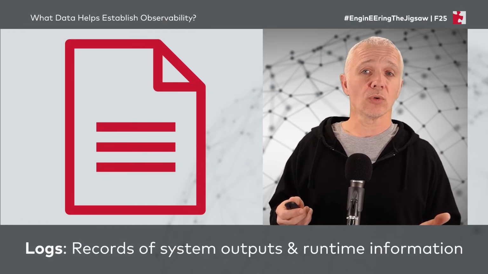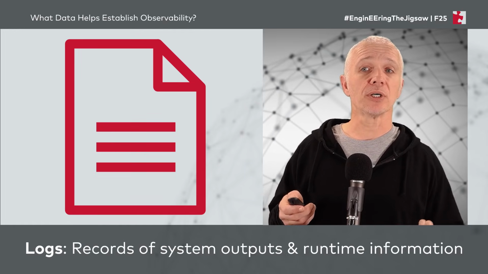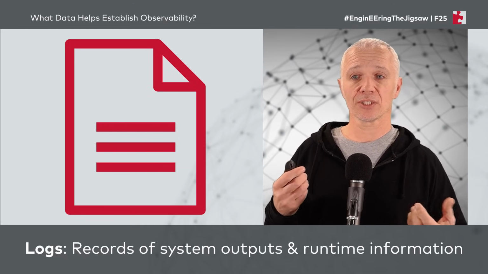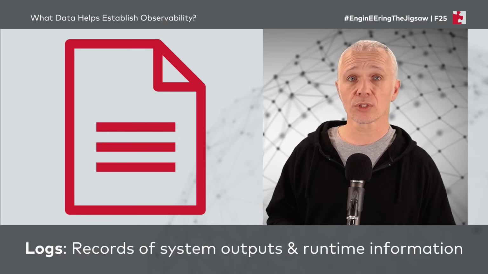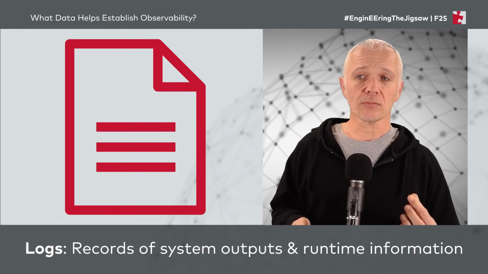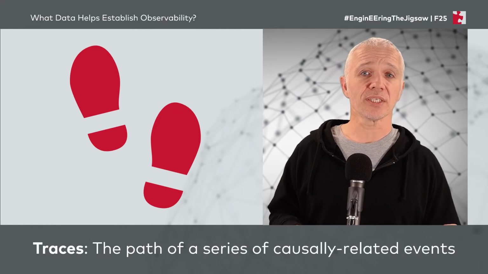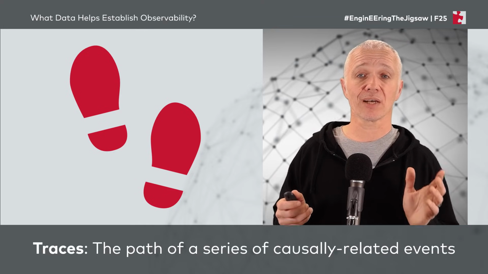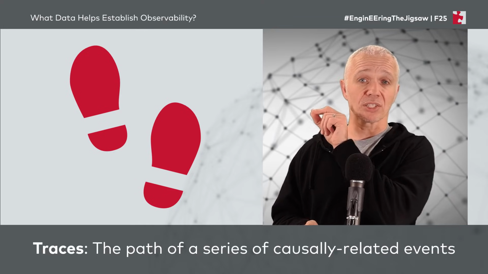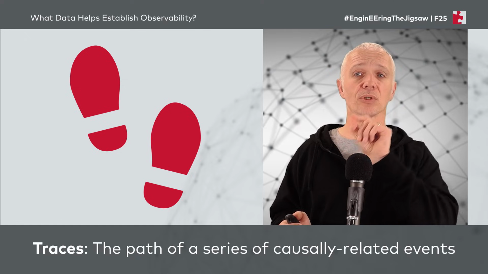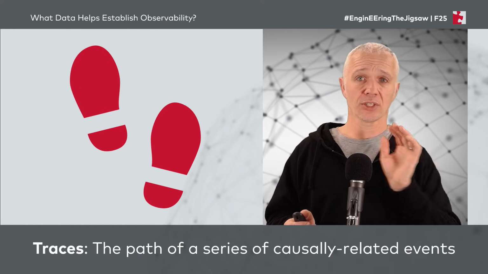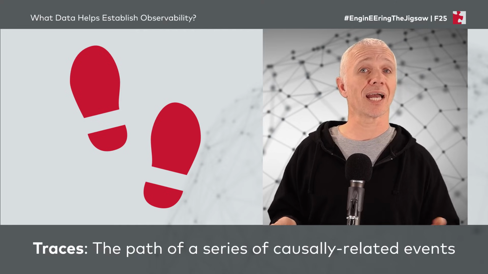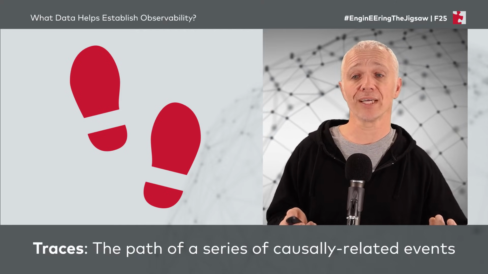Logs are records that the system creates of its outputs and other runtime information. So maybe we have the ability as a system's running to create logs. And then traces. Traces are the path of a series of causally related events. So we have this idea of an event that occurs and that causes another one, causes another one, causes another one. Potentially a ripple effect. This is a trace if we can capture that path of events.